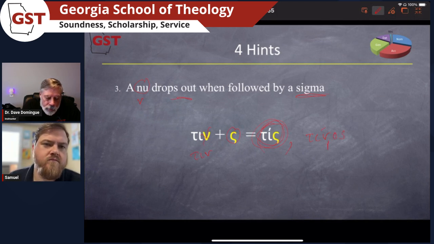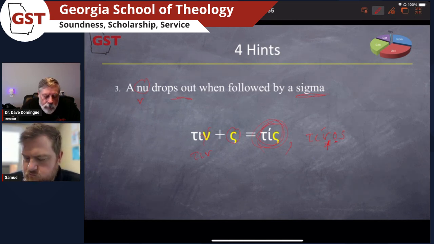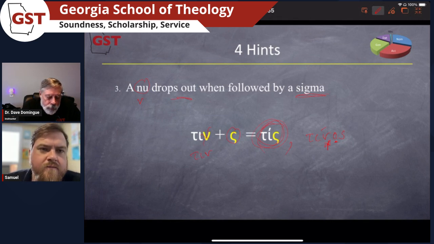You'll have the nu back. The nu comes back in the genitive form. Okay, why does it come back? It's not being followed by a sigma, it's being followed by an omicron. Here, the nu drops out because a sigma came next to it. Look, nus don't like sigmas and they leave. That's the bottom line. They just don't want to be around a sigma. And whatever prejudice they have from whatever tradition and history, they just leave. And that's how nus act.